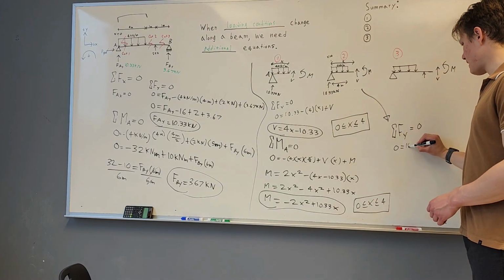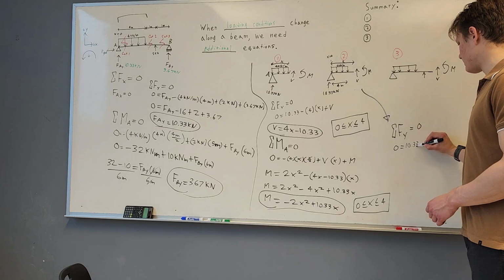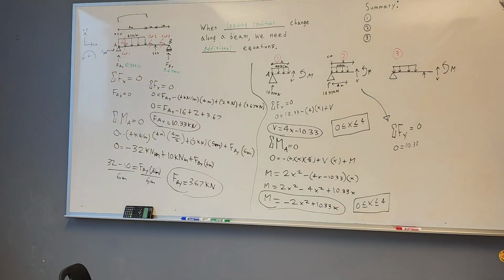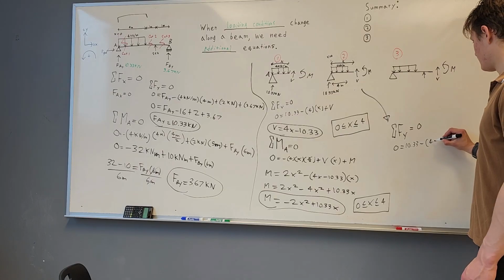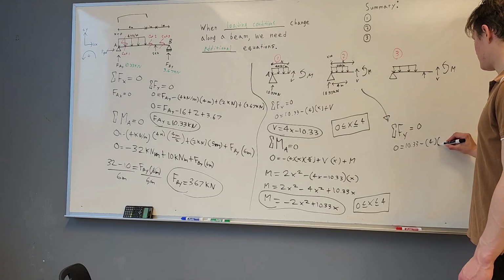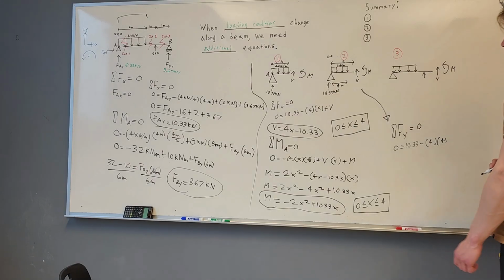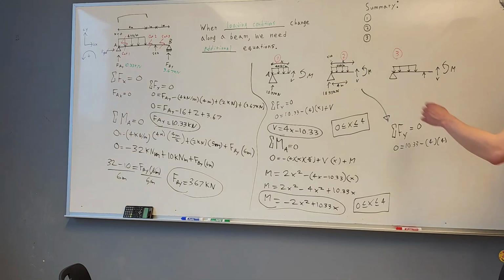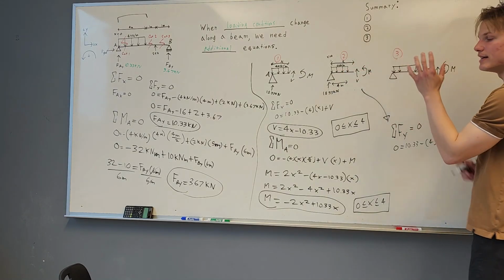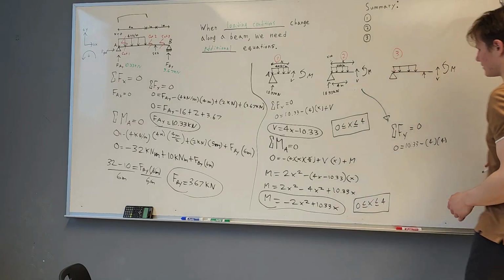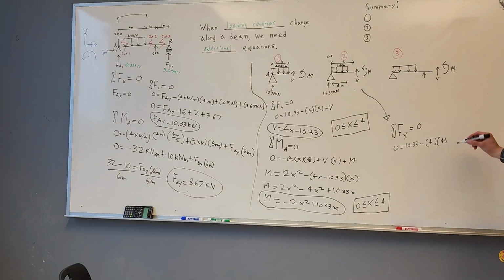So 0 is equal to 10.33, and then subtract 4 times 4 meters. Or not times x anymore, because we know the full UDL is getting used here, because we're in the section that's now past where that UDL ends. So take away 4 times 4 plus v.